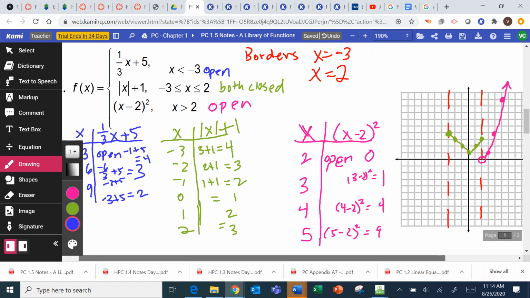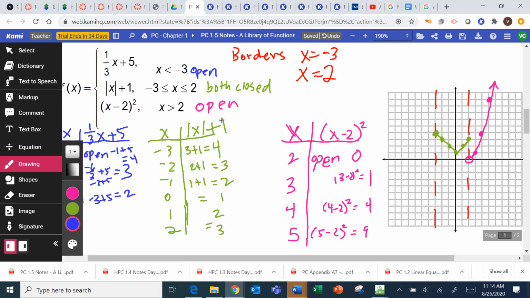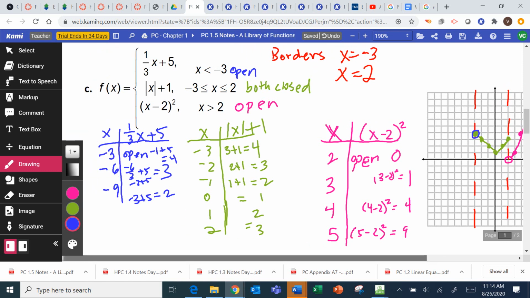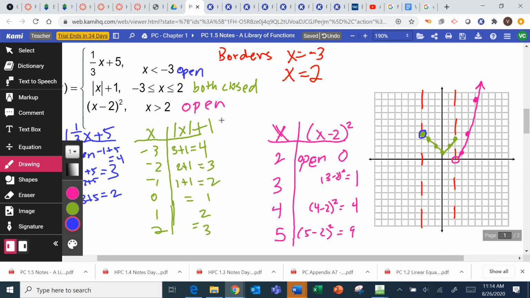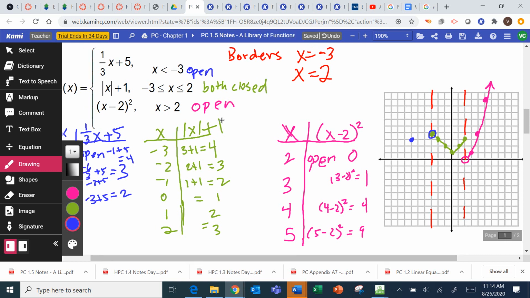Looks kind of right. -3 is 4. And then -6 is 3. And -9 is 2.